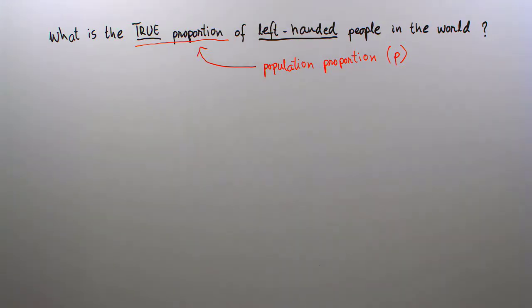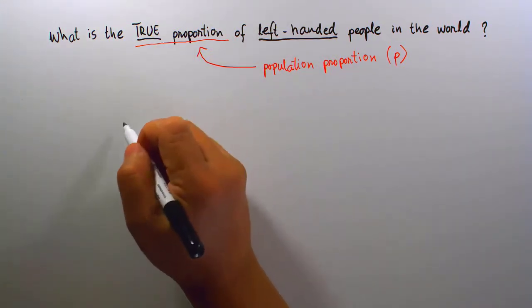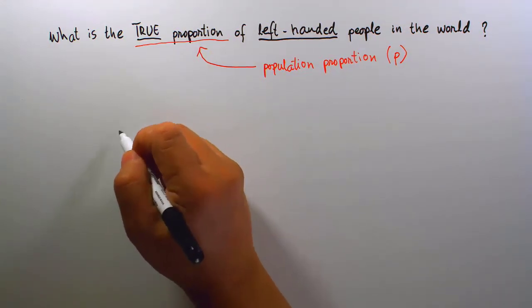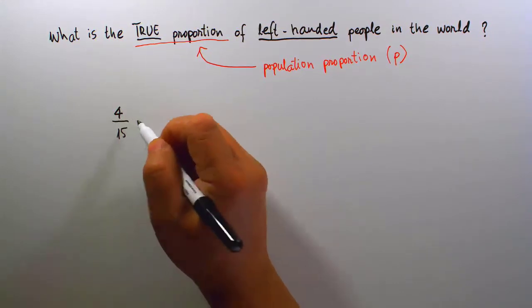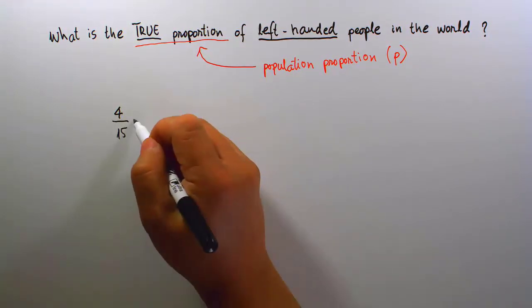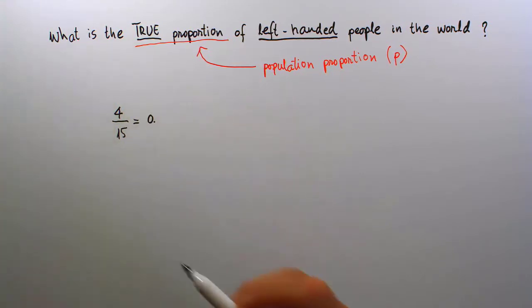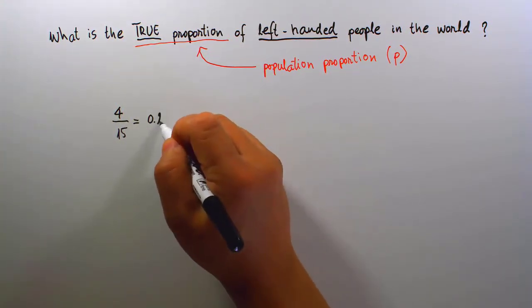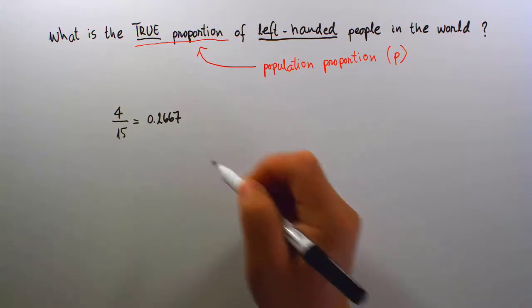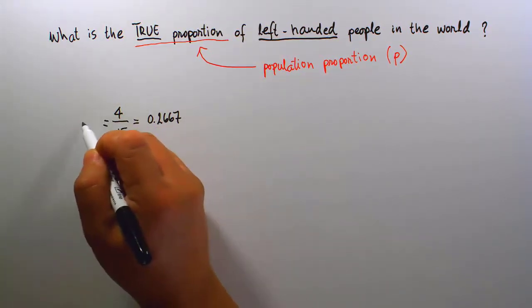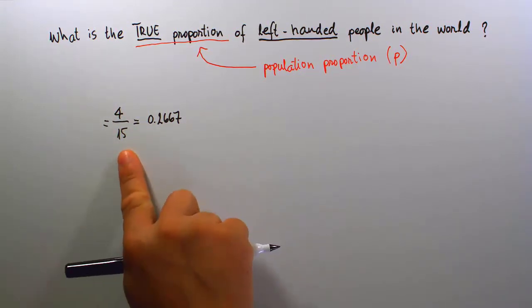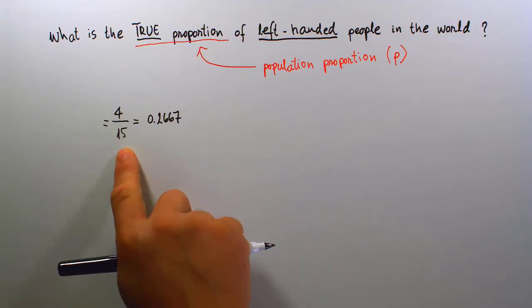What we have found in a group of 15 students, 15 people, is that 4 of them are left-handed, and this is a proportion. In decimal, it was 0.2667, but this was unfortunately only a sample proportion, because this group of 15 people is nowhere big enough to be considered a population.